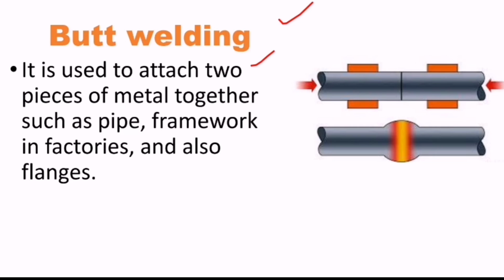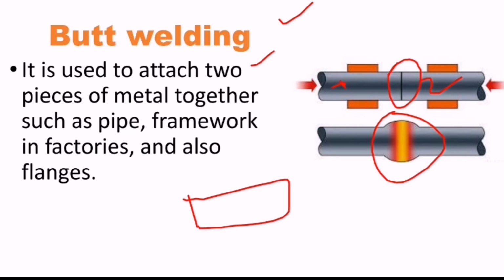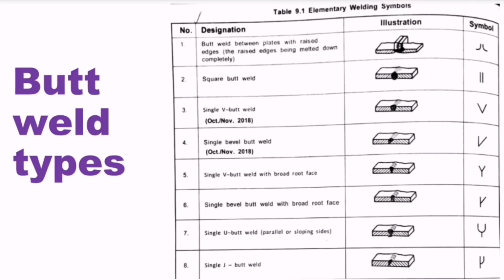Let's take this example. This is one piece, this is the second piece. These two are joined here with the help of a welding, that is nothing but butt weld. It means when two plates are kept side by side and welded together, this is called butt welding. These are the different types of butt weld symbols. This is the butt weld between plates with raised edges, and this is square butt weld.